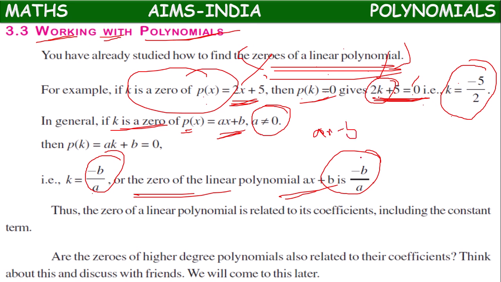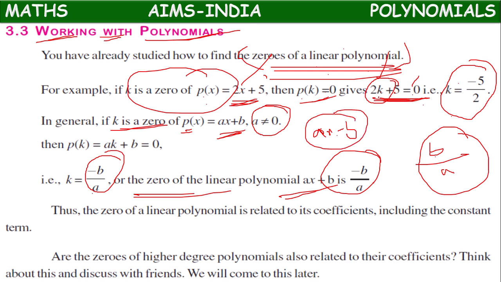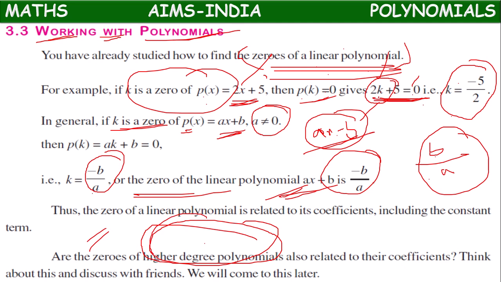To find the zero of ax minus b, minus b will go to that side and become plus b, and a will come down. B by a will be the zero of ax minus b. Like that, for linear polynomials, we have already learned how to find the zeros. Next we have to learn how to find the zeros of higher degree polynomials also.